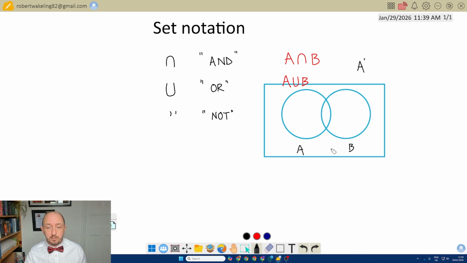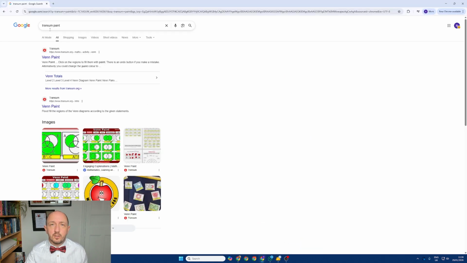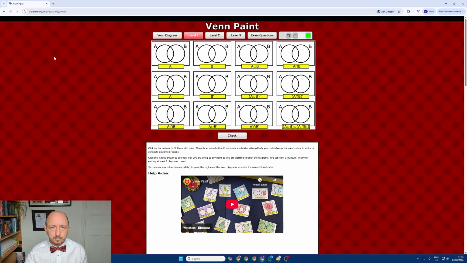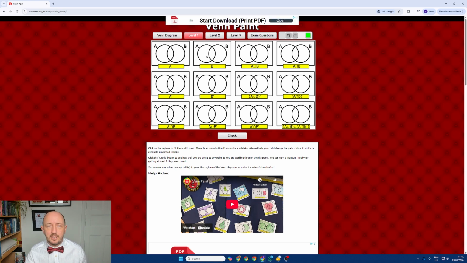To help you with this process, I use a website where if you Google Transum Paint, it's the first one here. And essentially, we can just colour in the circles where we think these are and then check it at the end.